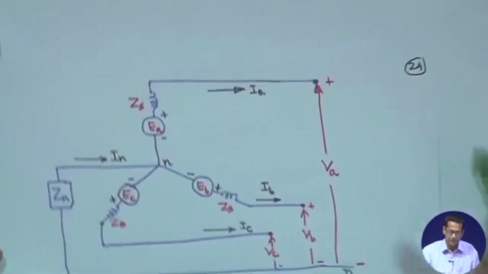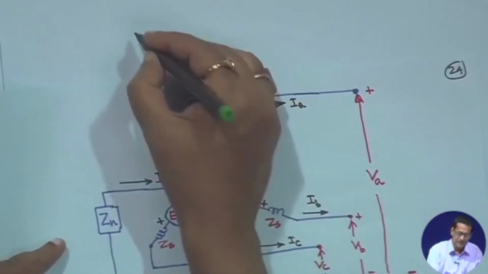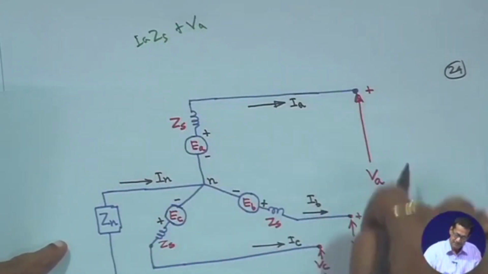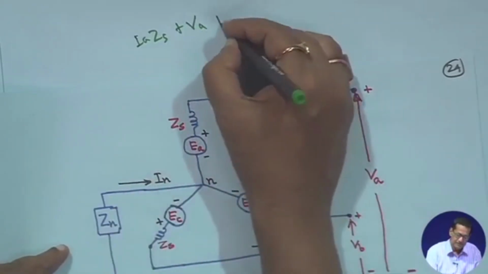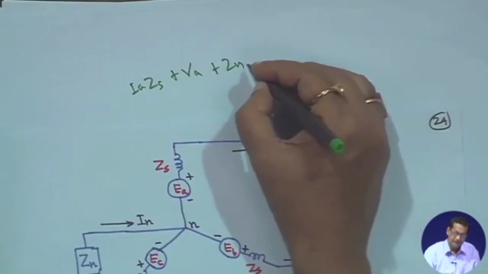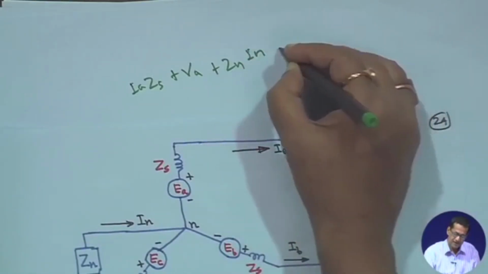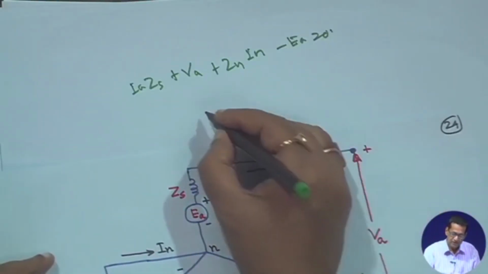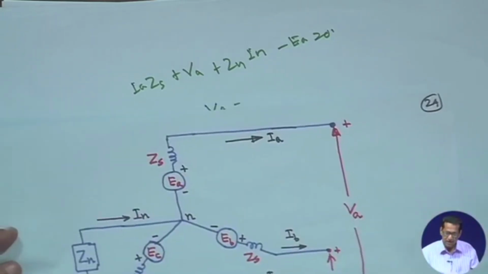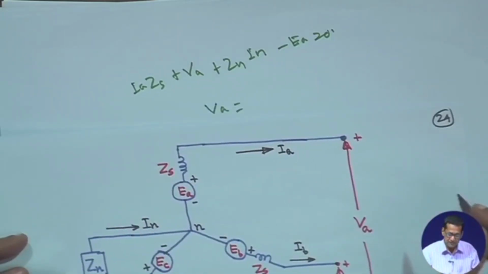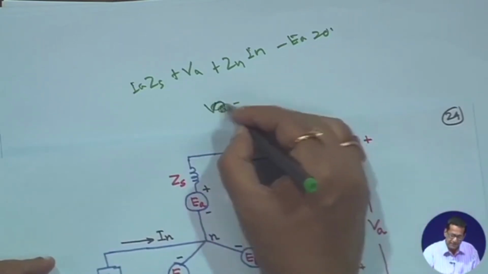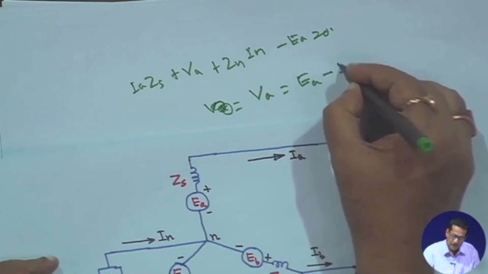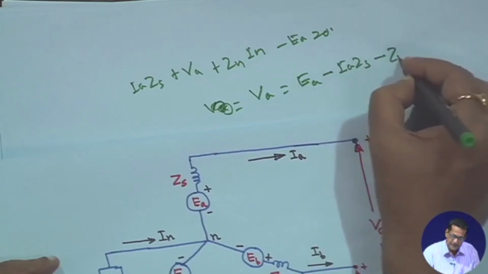Just let me show you this. Look, this is the current flowing in this phase, IA ZS, then plus VA, then the neutral current is flowing, plus Zn IN, minus EA is equal to 0. From this equation you can write that VA is equal to EA minus IA ZS minus Zn IN.